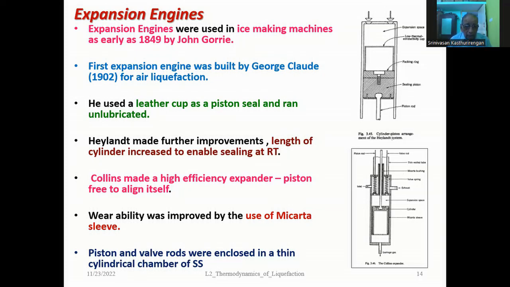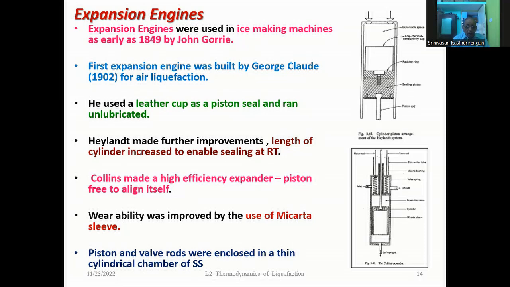He used a leather cup as a piston seal, and ran the whole thing unlubricated. So the leather will move up and down, and the gas will be expanded because a small quantity of high pressure gas is trapped and suddenly converted to low pressure. So therefore you get an expansion of this type.